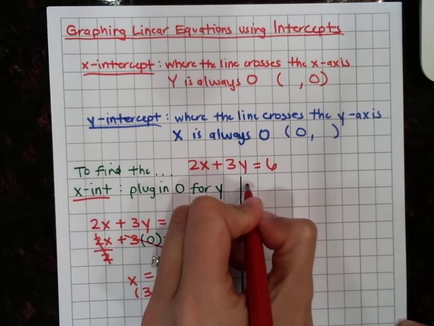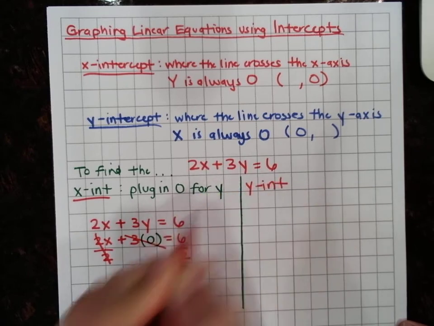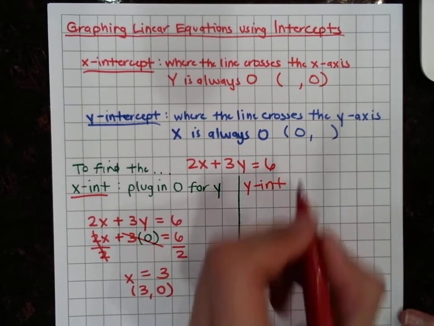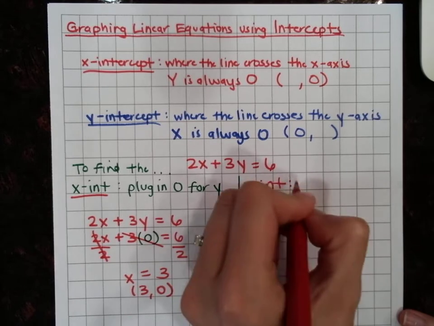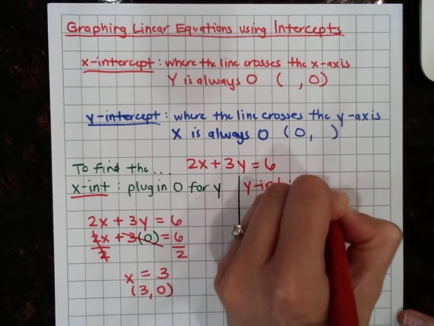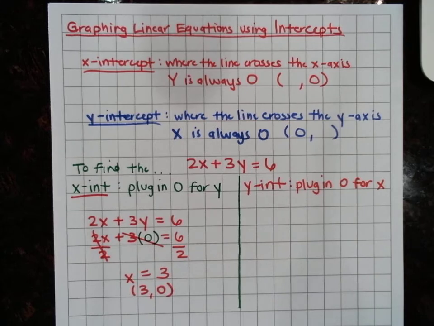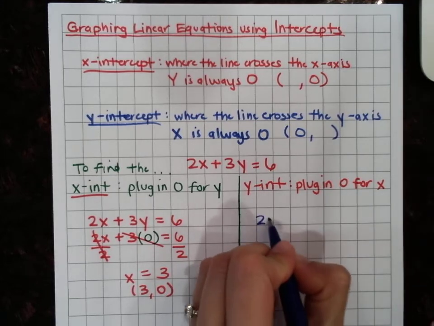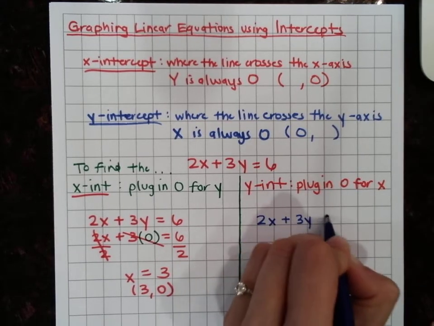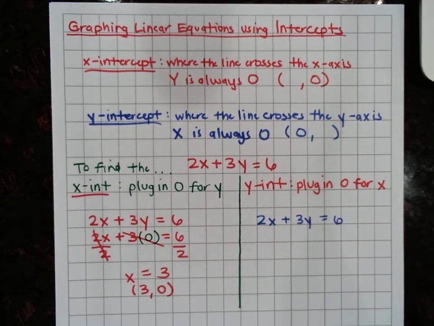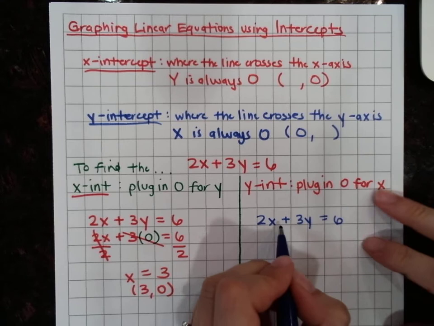And so to find the y-intercept, we need 2 points to graph a line. So to find the y-intercept, we're going to plug in 0 for x. So we have 2x plus 3y equals 6, the same equation, only this time we are going to be plugging in 0 for x.